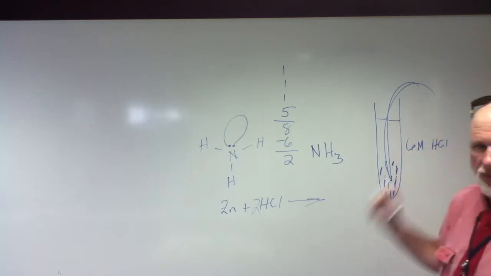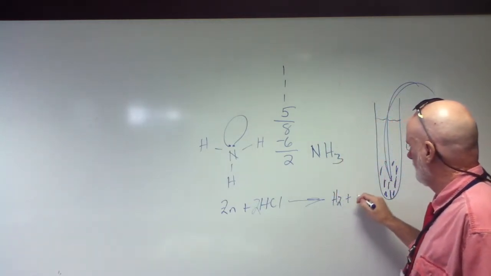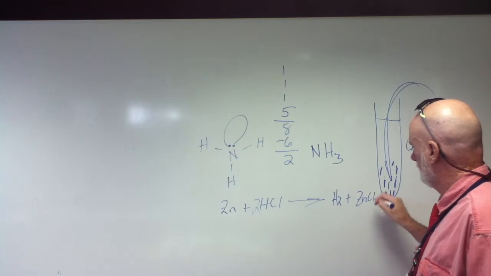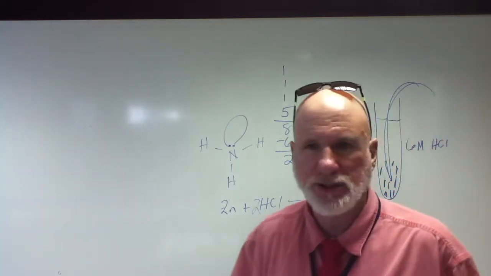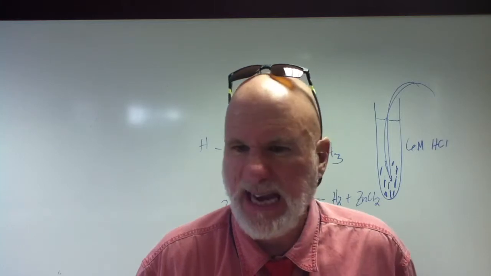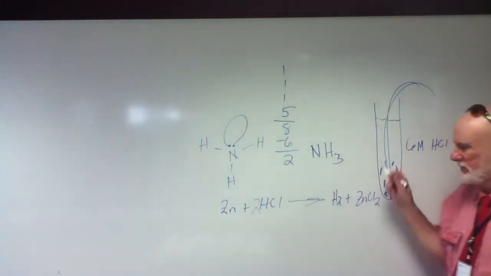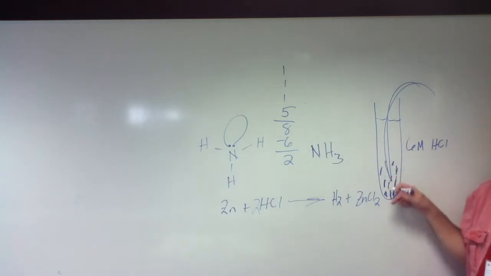And then it gives off plenty of hydrogen gas. And then you come in the next day, and there's no hydrogen gas being given off, and there's some zinc underneath there.